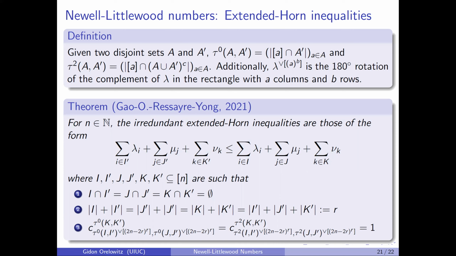But what they do is, instead of taking in 1 set and spitting out a partition, they take in 2 disjoint sets and spit out a partition. So if we know that I and I prime are disjoint, then tau 0 of I comma I prime is a partition. So by doing this tau 0 for the 3 pairs of disjoint sets, we have to get a Littlewood-Richardson triple that outputs a 1. And for the other one, we have to do the same thing for tau 2.